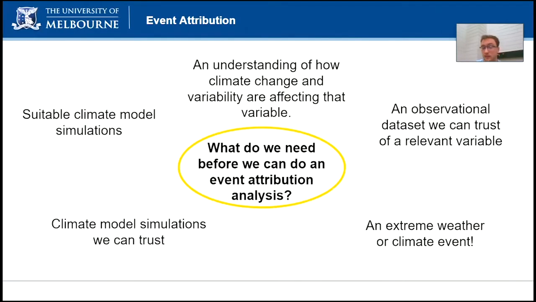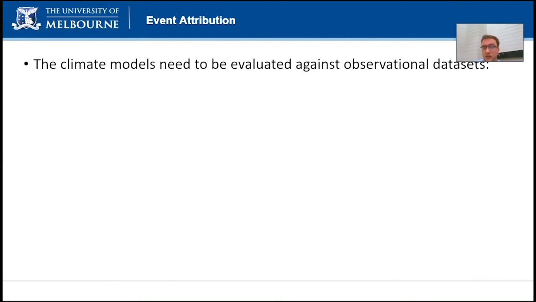And the other thing, of course, is we need climate model simulations that we can trust. There's no point if the climate models have really big biases or they're not doing a very good job of capturing teleconnections, then we probably shouldn't be using them to do an attribution study. So the questions we want to ask ourselves are, do the models capture observed trends in the first place?